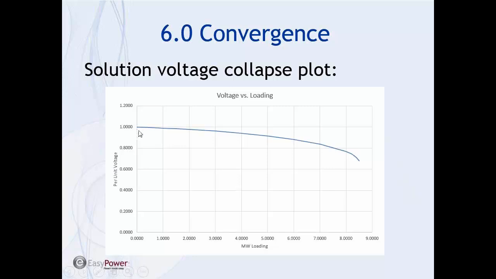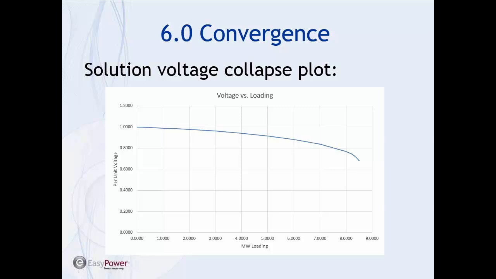And if you plot this in Excel, you'll find that, yes, the first one with no load starts at a unity voltage, and as you increase your megawatt loading greater and greater, you'll find they reach a point, it's called the knee of the curve of solution voltage collapse, where you just can't turn around. You're just going to plummet the voltage down to 0.